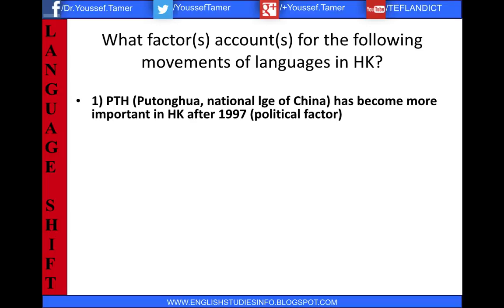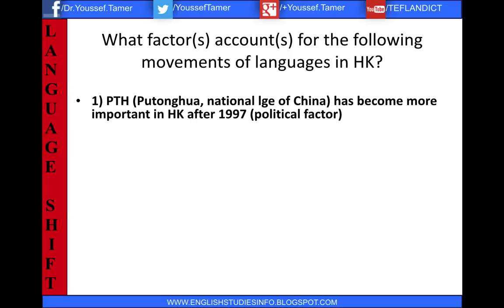Hong Kong became independent from the British colonizers, and it returned to its homeland, which is China. Okay? Now, in China, the national language of China is Putonghua. So after independence, the Chinese imposed this language as the national language in Hong Kong instead of English.